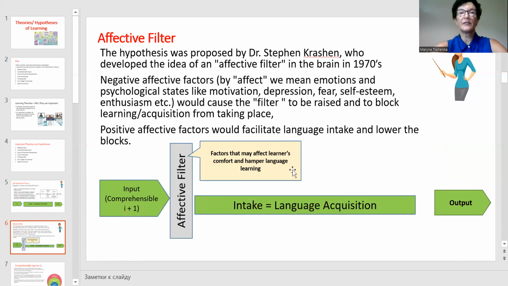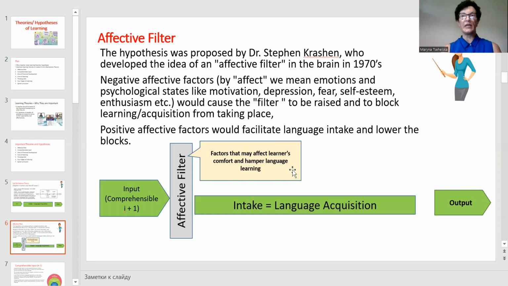What are the factors that raise the affective filter, or what are the factors that lower it? Factors that raise it are negative factors. They are like lack of motivation, depression, even when students are not comfortable or when they are sick.